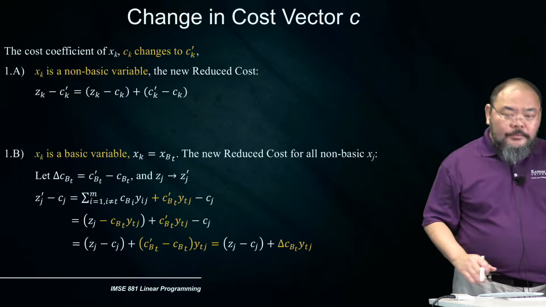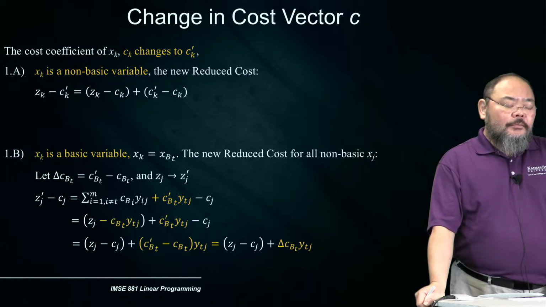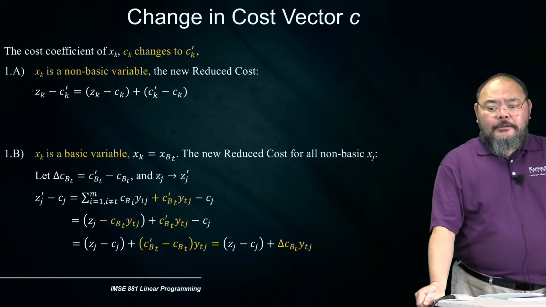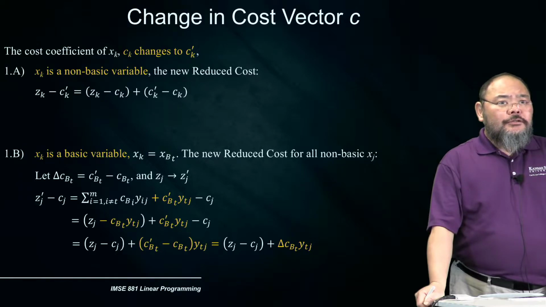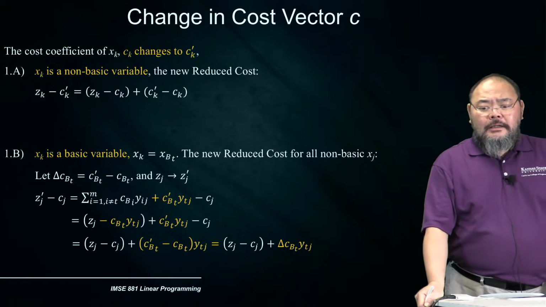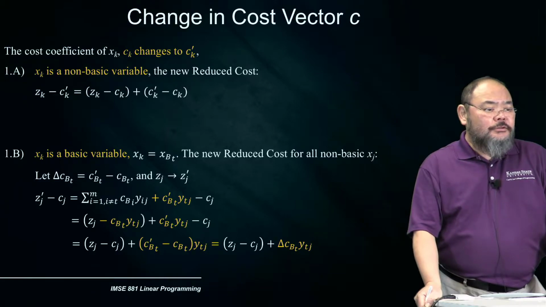There are several changes that could be made to your linear program models. First, you can change the cost factor, and you can change the right hand side of your resources, the availability of your resources.